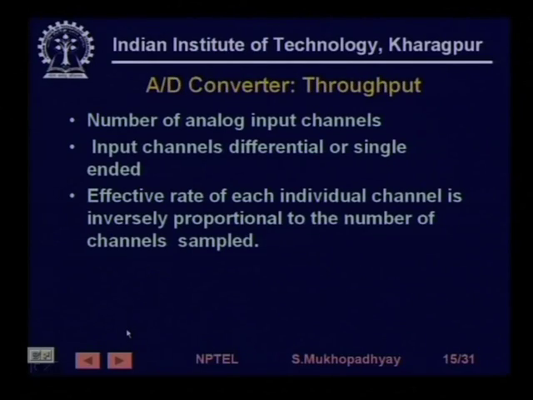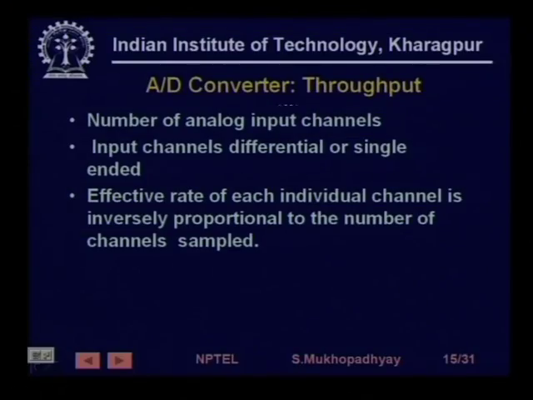So, we have to understand that there are a number of input analog channels, and the input channels can be differential or single ended, as I said and explained. Now, this multiplexing says that suppose the AD converter can convert, theoretically speaking, 100,000 samples per second.